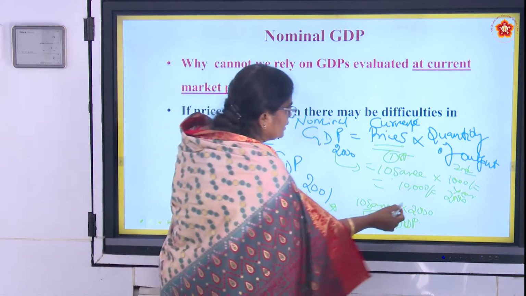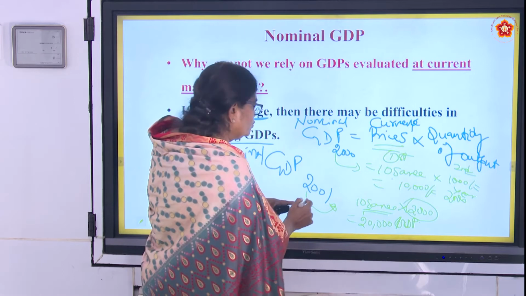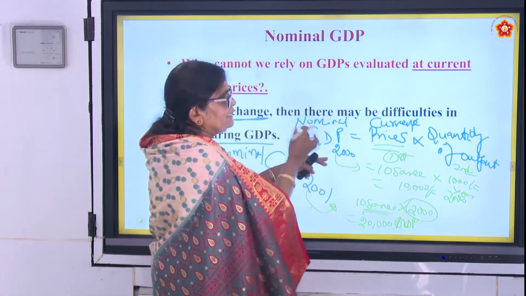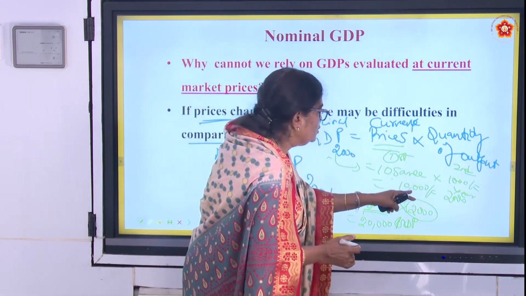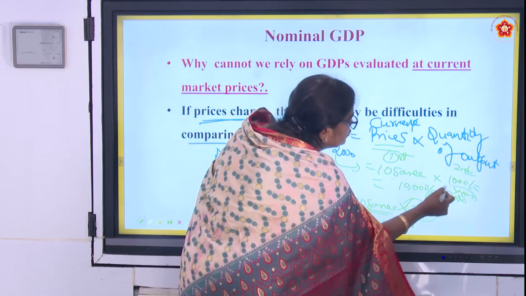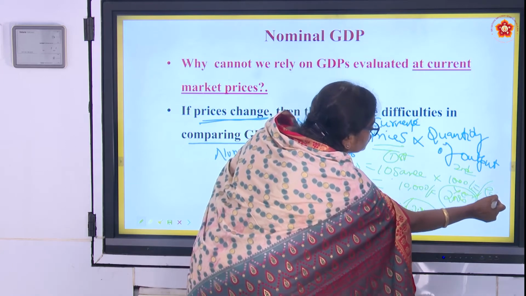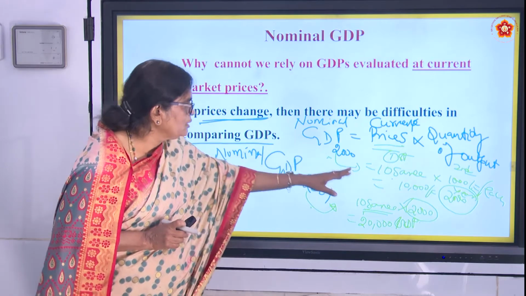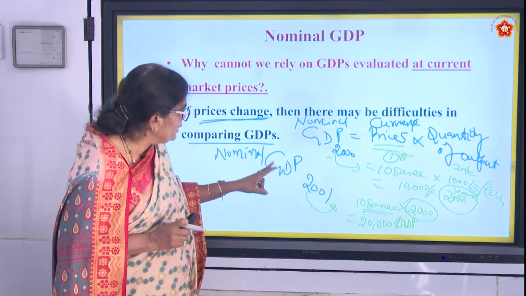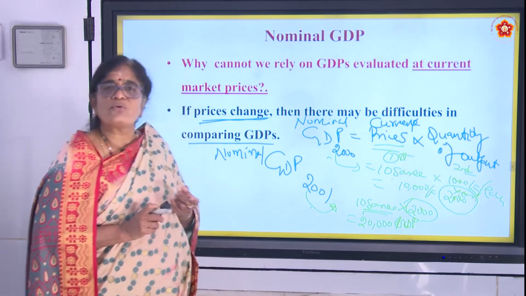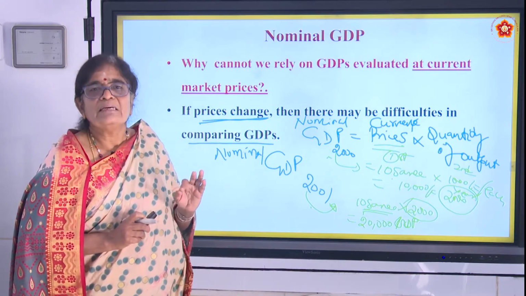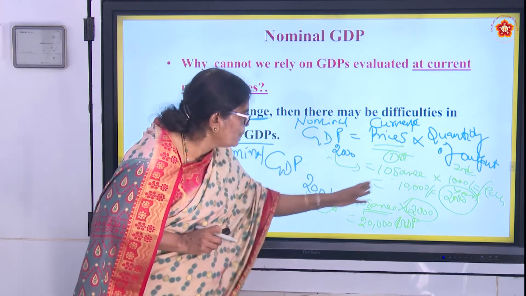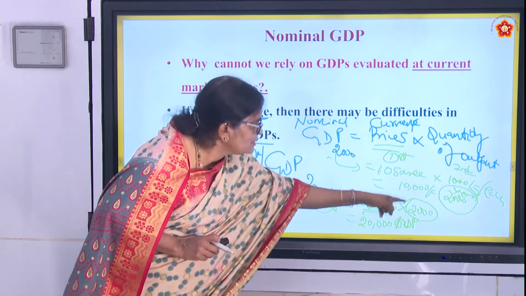Because the 2001 current price is 2,000 rupees per sari, and in the year 2000 each sari is 1,000 rupees. Can we say GDP 2000 is only 10,000, GDP in 2001 20,000, therefore growth has increased? No, it is not accurate, because volume of production didn't increase, but the prices have gone up.